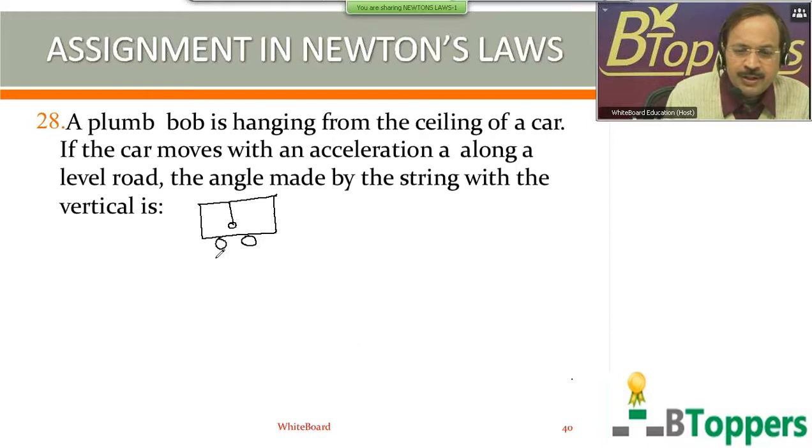So the bob is suspended by a string or thread from the ceiling of a car. I have shown the situation when the car is at rest and the bob is at rest at the lowest position. So when the car, suppose, starts moving towards right with some acceleration A, as you know from observation, the bob will be deflected towards left.